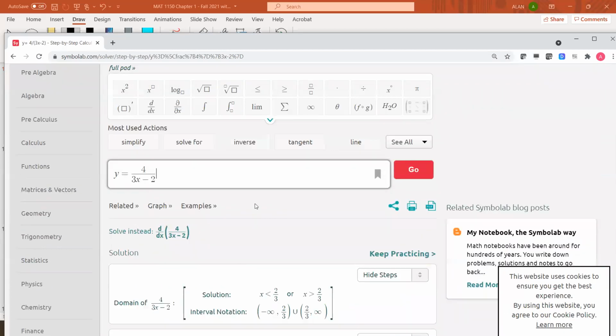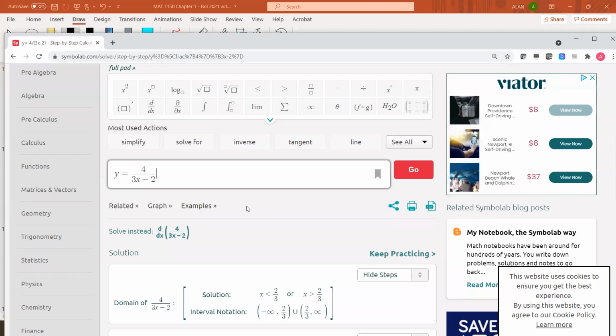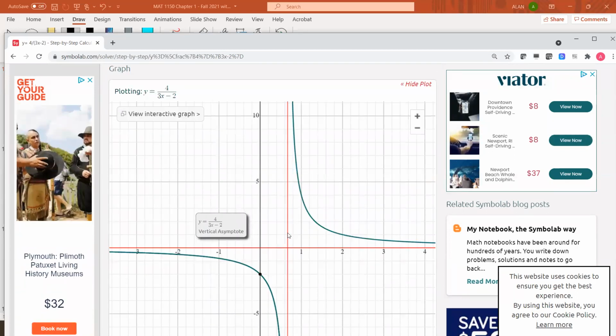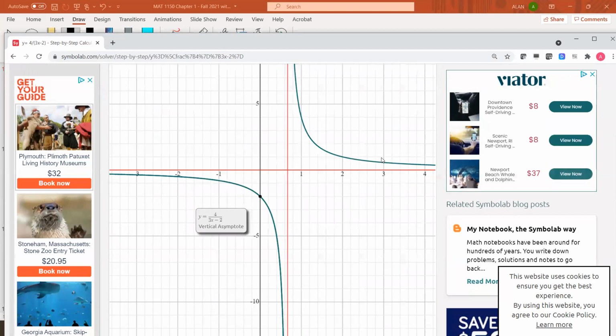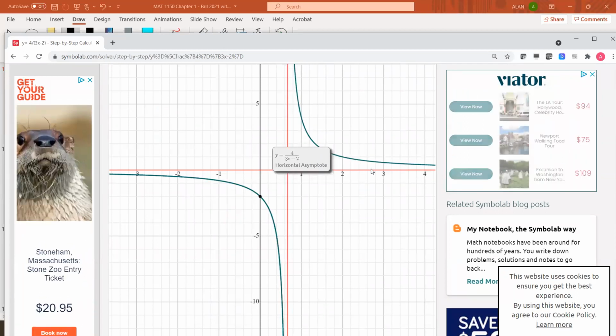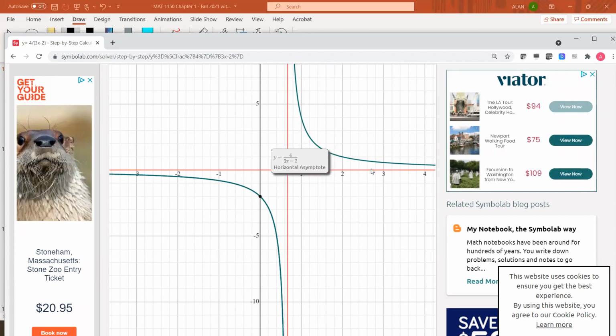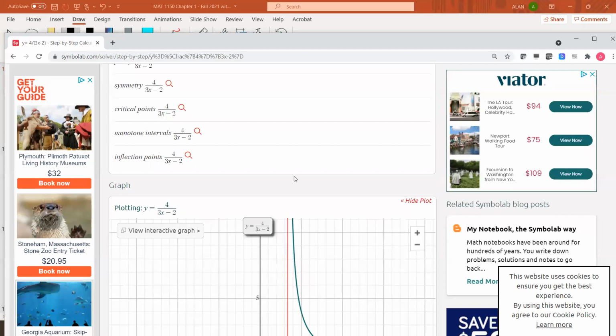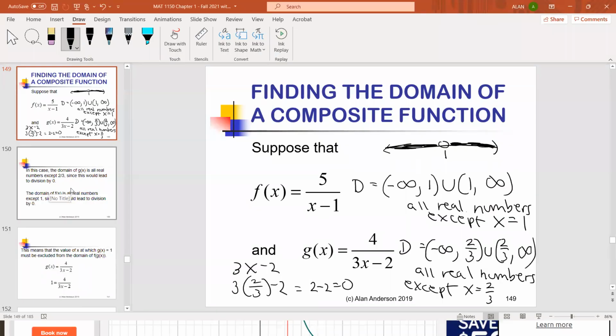We should see that there's a vertical asymptote at x equals 2/3, which means we cannot substitute 2/3 into this function. And there it is, 2/3. And once again, which is usually the case with ratios like that, the range excludes 0 as well. But here we're only interested in the domain. So what does that mean then when we try to combine?